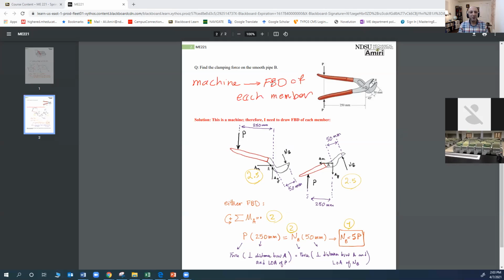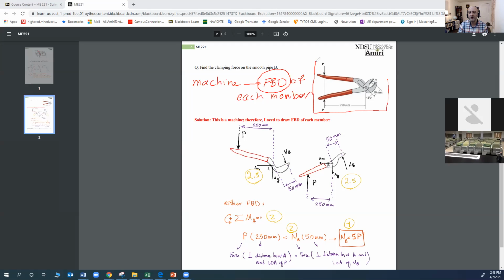But let me ask you a more general question. We're almost done with the statics, the whole thing, right? If you're talking about free body diagram, what is the purpose of free body diagram? Why do we even bother with free body diagram? Because the problem has a figure, right? So they gave us this figure.